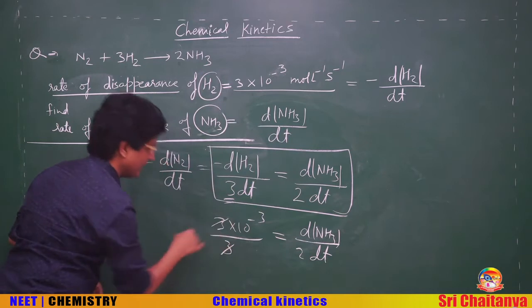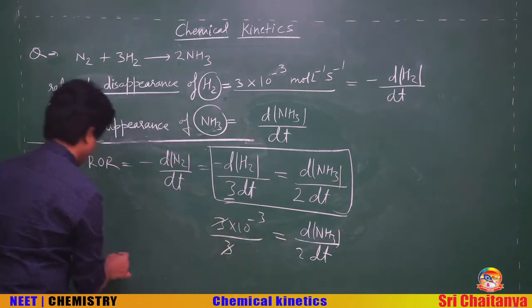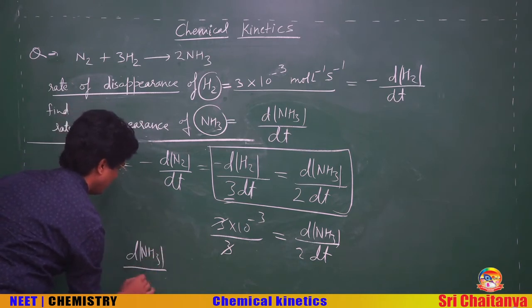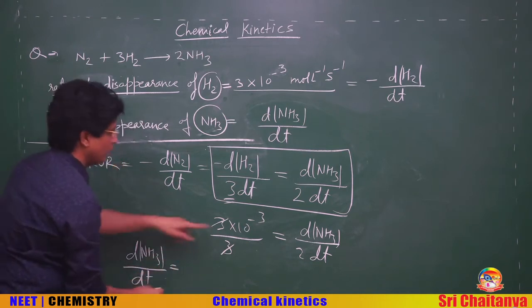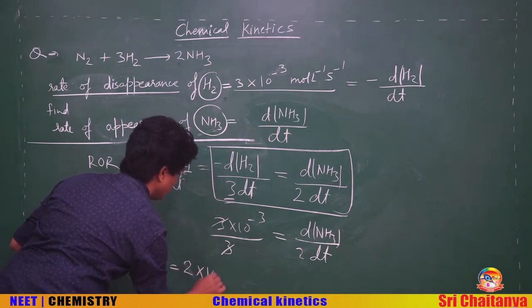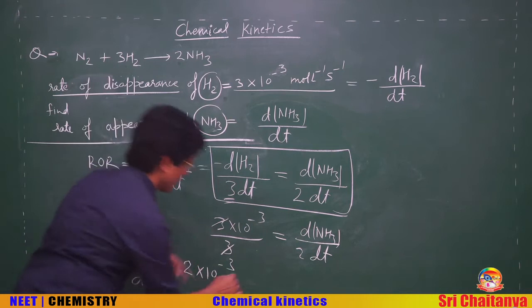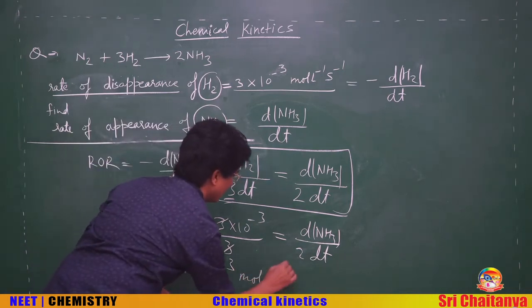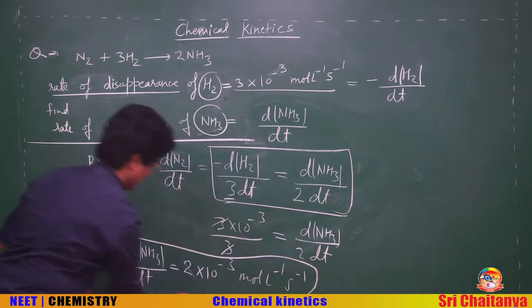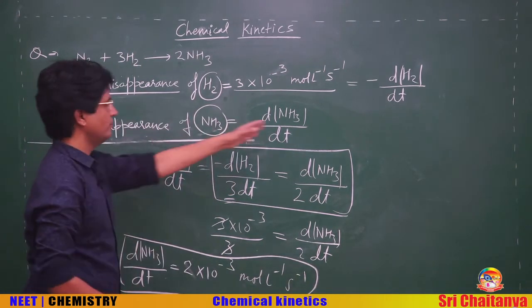So this part will be cancelled, bring 2 over here, so I will get d[NH3] upon dt equal to 2 into 10 to the power of minus 3 moles per liter per second. So this is the rate of appearance of ammonia.